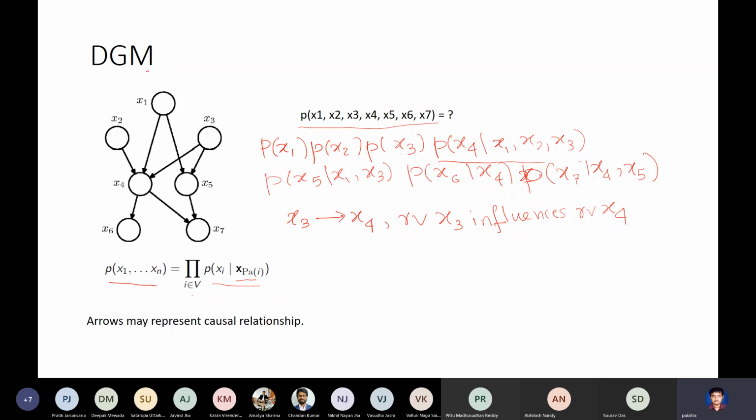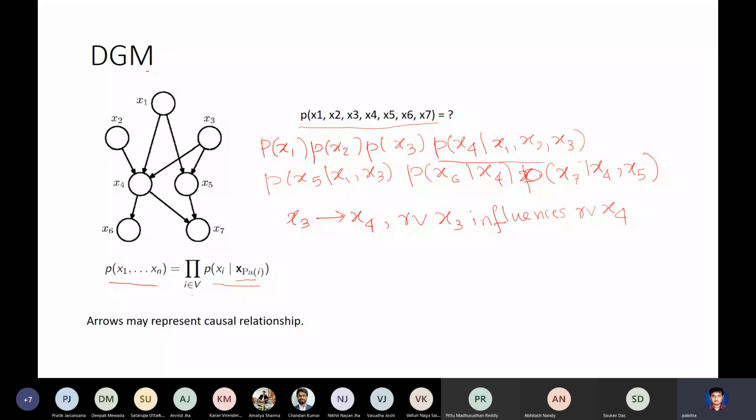Okay, so this is the semantics. This is the meaning of this graph. The factorization is just a syntax, and now we are looking into what it means. What does the representation mean? The first meaning we can talk of is a causal relationship or an influence.